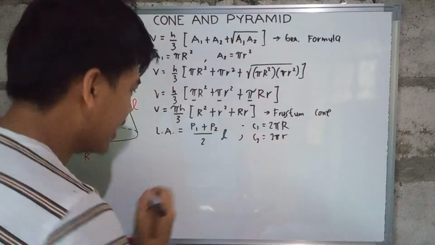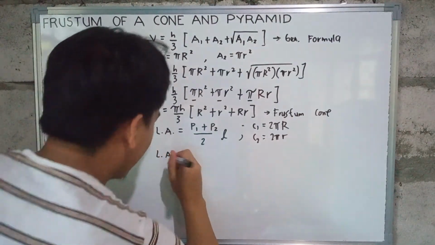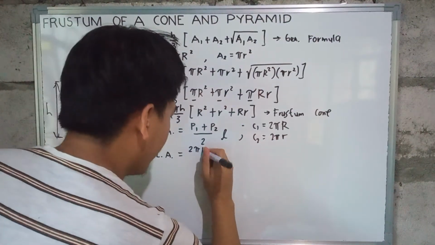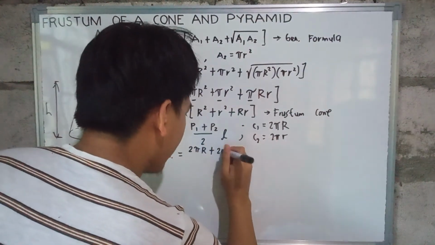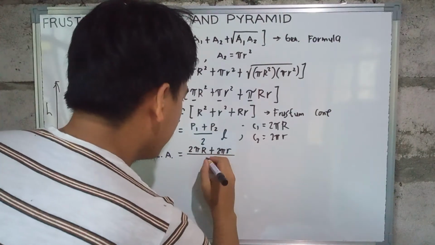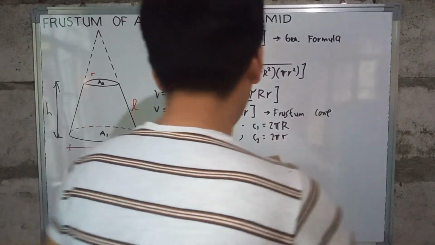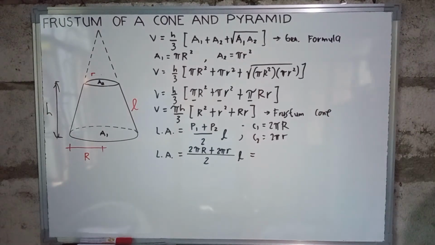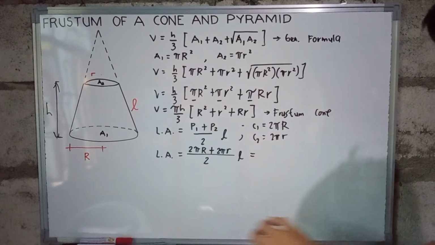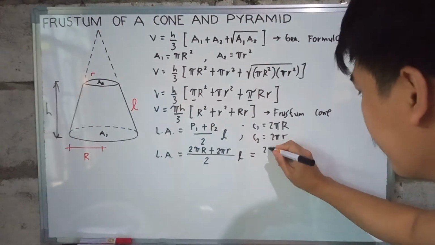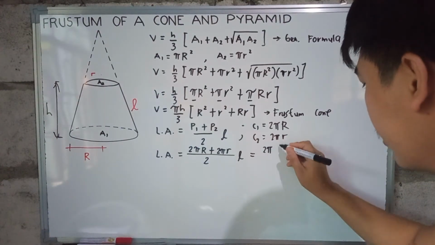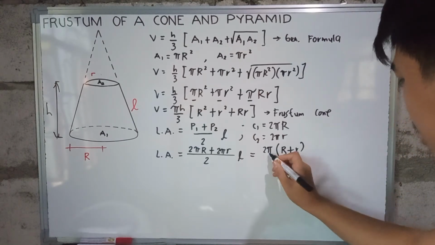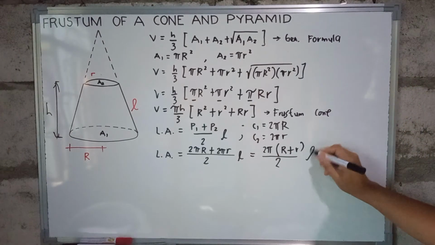So substitute natin, the lateral area will now equal to 2 pi R plus 2 pi small r all over 2 multiplied by the slant height. So yung lateral area natin magiging, meron siyang common factor na 2 pi multiplied by capital R plus small r all over 2 slant height.